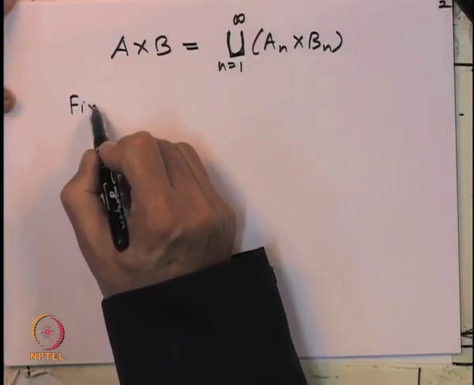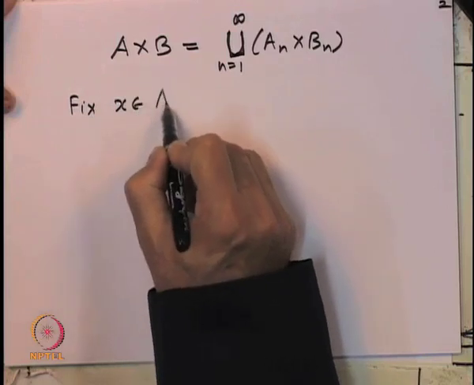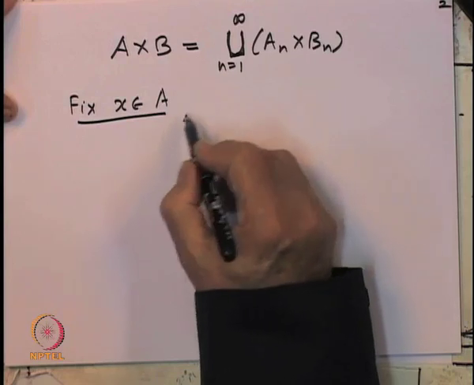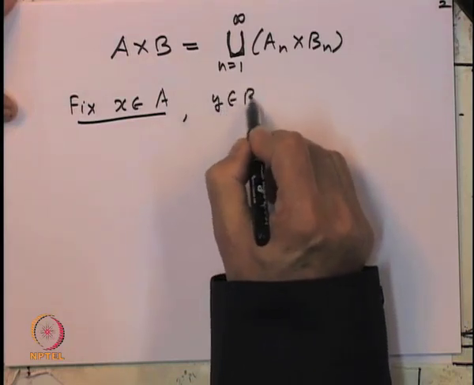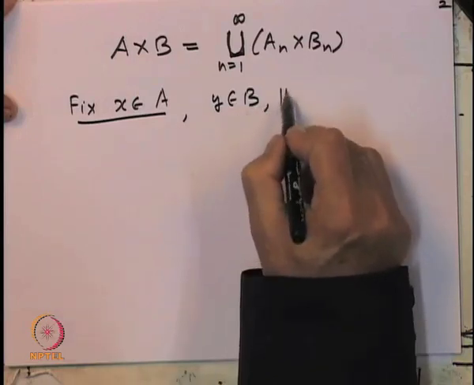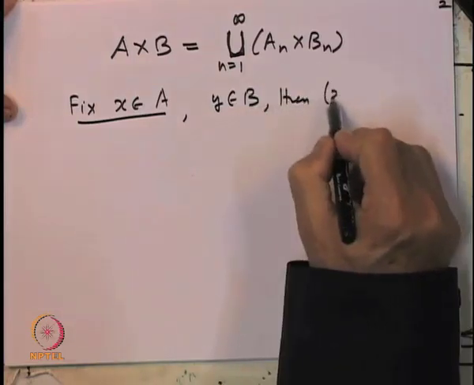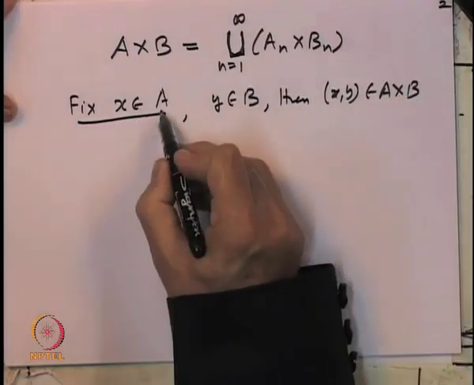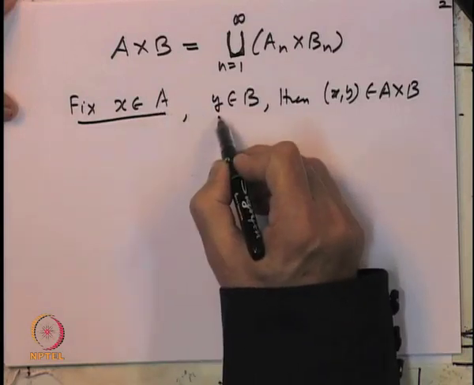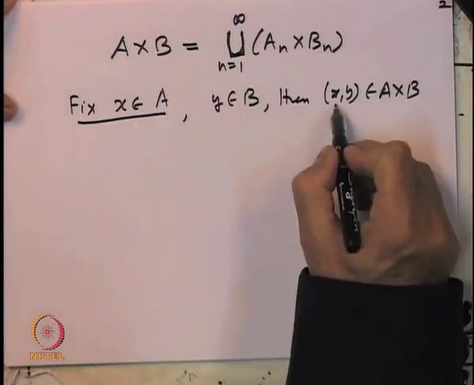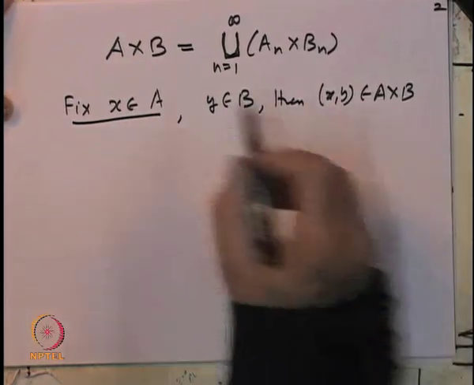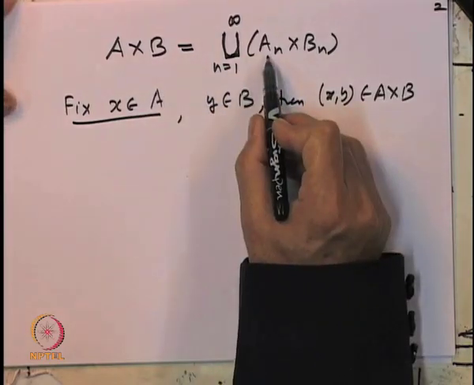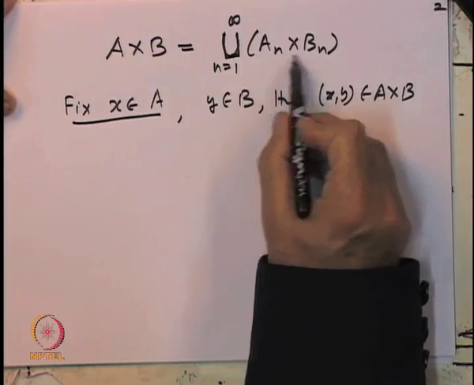Let us fix any point x belonging to A. So, for any x belonging to A, if we look at y belonging to B, then x comma y belongs to A cross B, right. We have fixed x and take any point y in B, then the ordered pair x comma y belongs to A cross B. So, it will belong to one of the sets here.